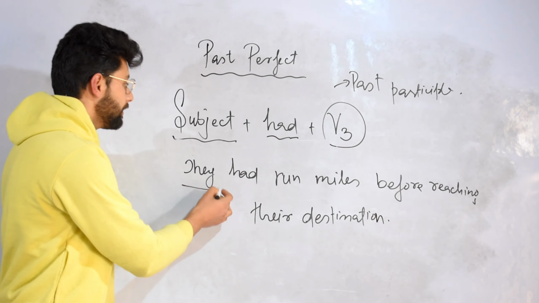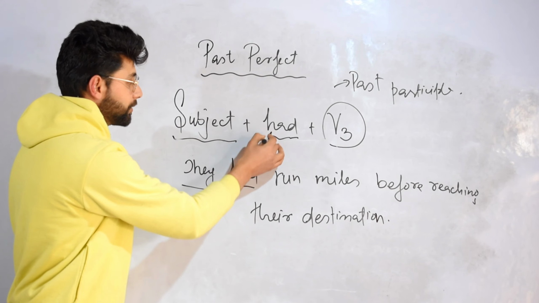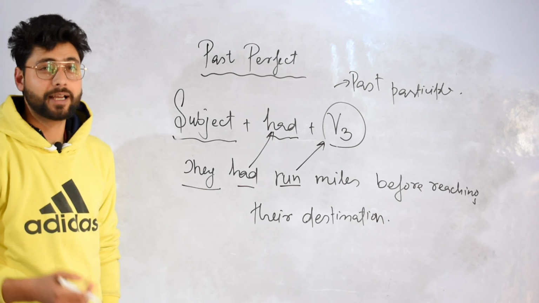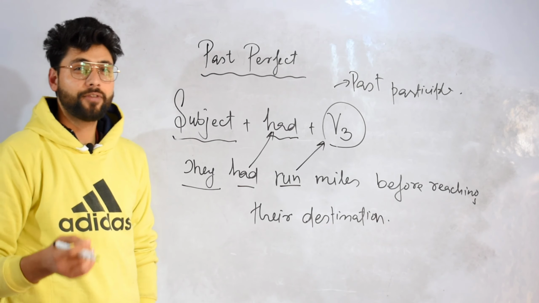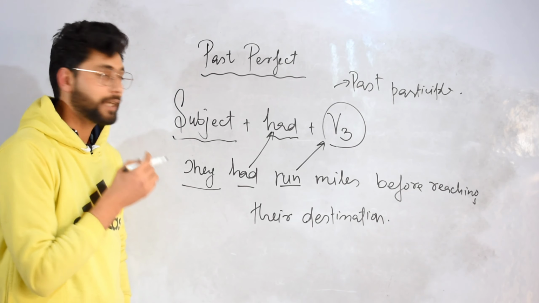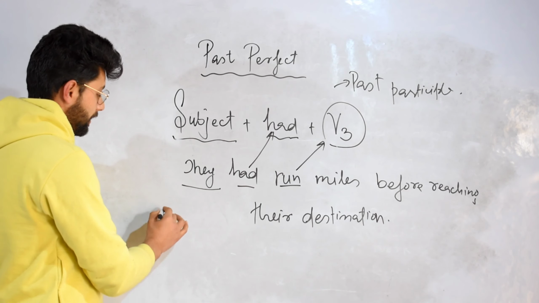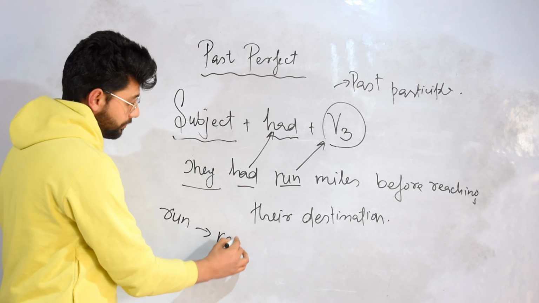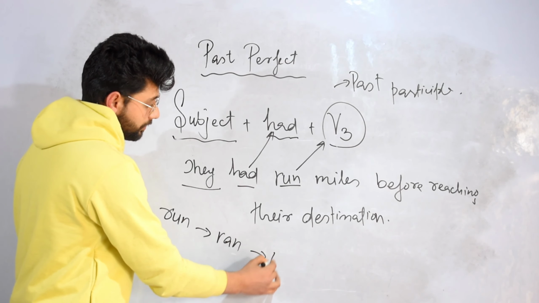Look, they, subject, had from the format, run, third form of verb. Now you will ask how. If run is first form of verb, then how can you use run as a third form? It is run, ran, run.